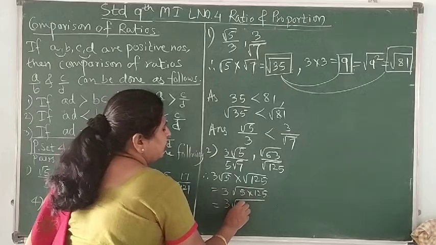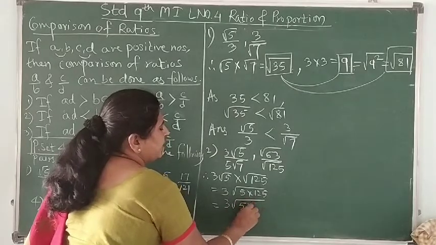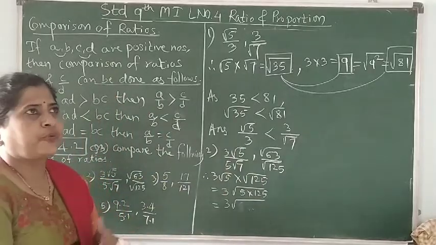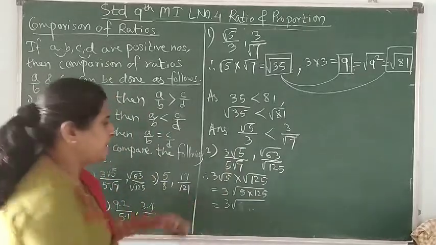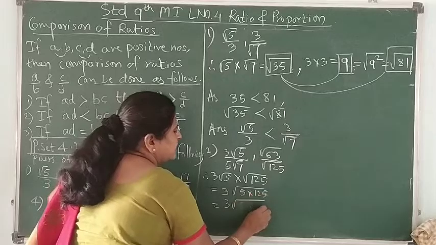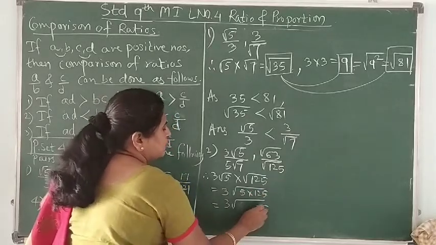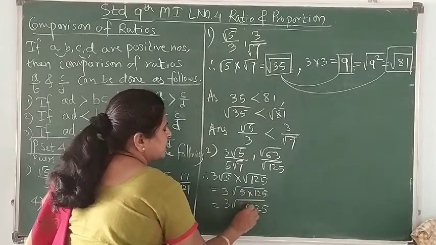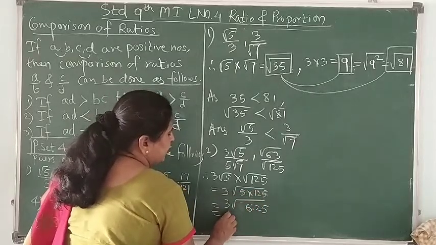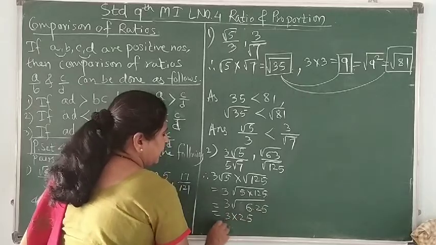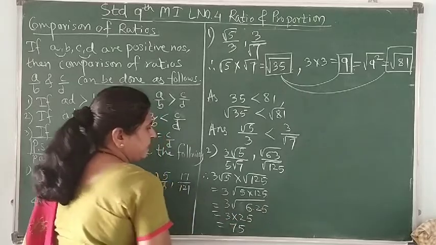If you do not know that 125 is the perfect cube of 5, you can multiply and you can check. 5 5s are 25. 2 here remains. 5 2s are 10 plus 2 12. 5 1s are 5 plus 1 6. So square root of 625. So 3 into what is the square root of 625? It is 25, and that's why we got this product as 75.